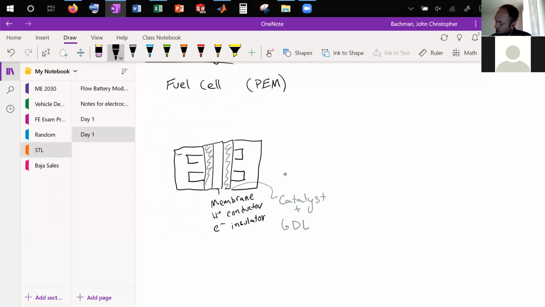And I'm going to call this the negative, this the positive. And so what you're going to have coming in to this system is hydrogen and oxygen. And what's going to be coming out is water. Right? And it's a half a molecule of oxygen. Maybe it's better to think about a half mole of oxygen to get the stoichiometry correct.